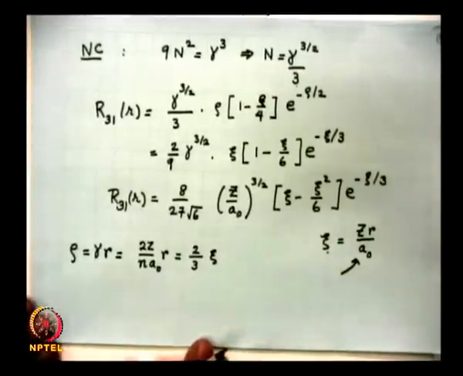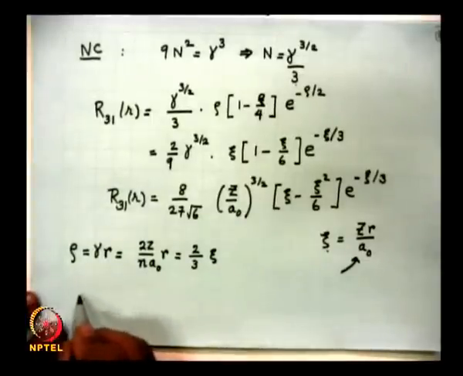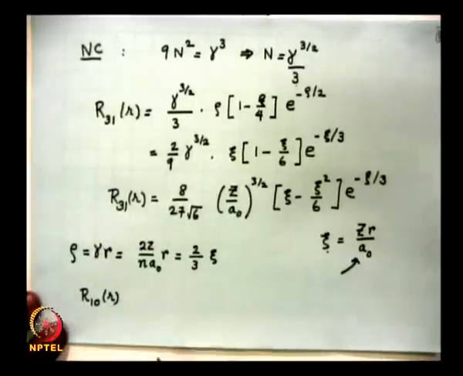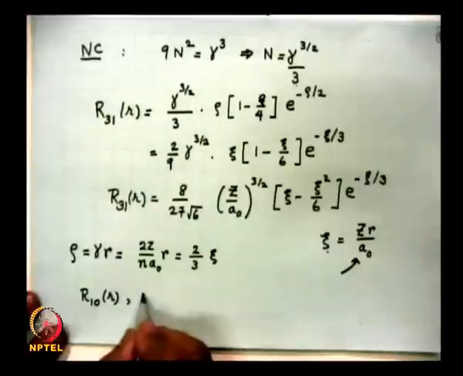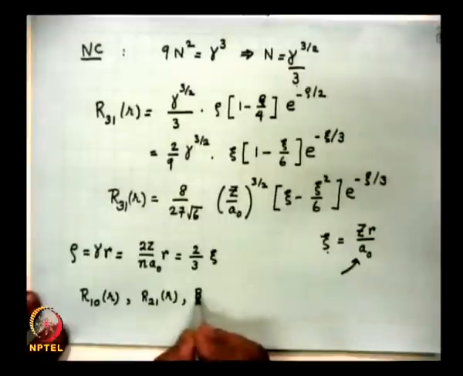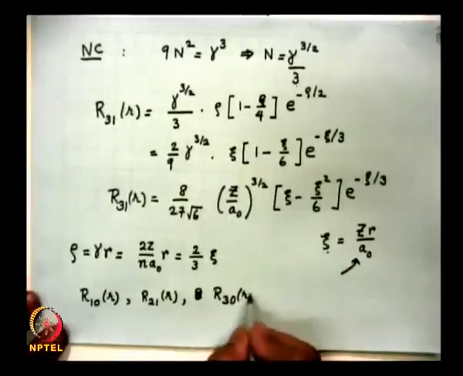What I would like to conclude this part of the lecture with is by saying that I leave as an exercise for you to calculate from first principles R10 of r, R21 of r, and R30 of r.